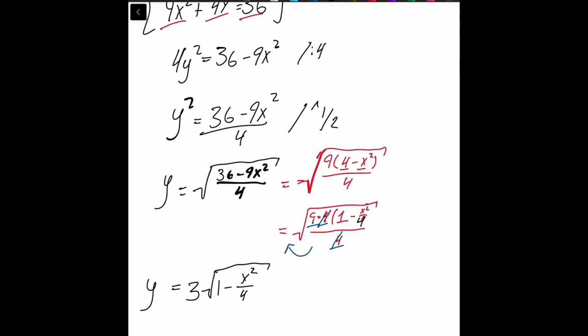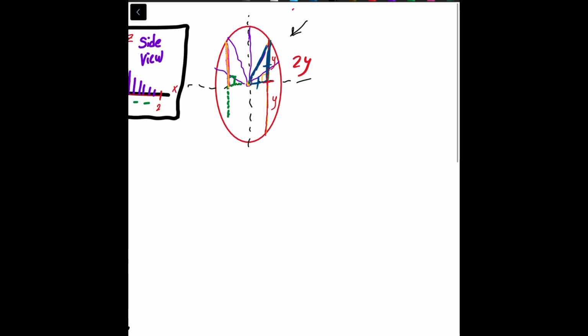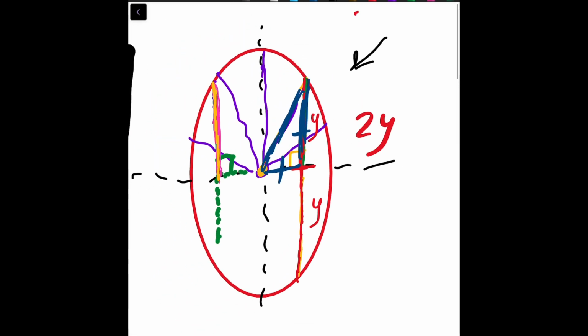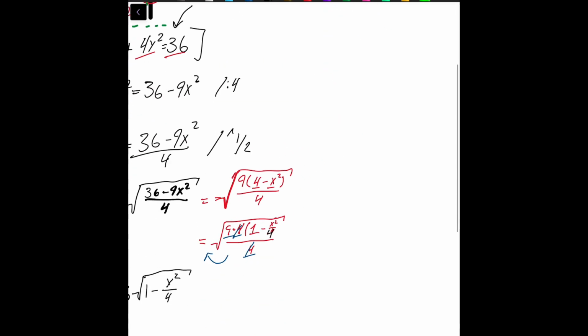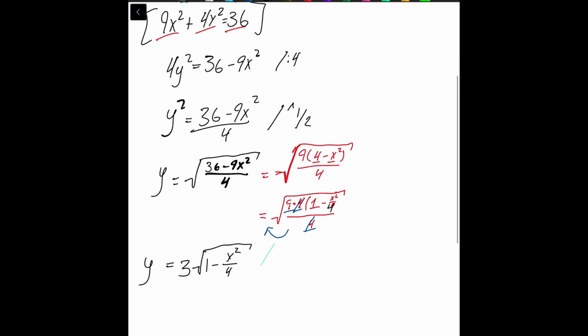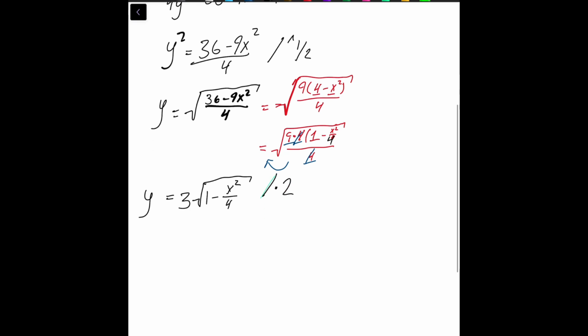Well, what is our y that we just solved for? What we just solved for is this length right here. But we need an additional y here. So I'm going to multiply it by 2, giving me 2y equals 6 times the square root of 1 minus x squared over 4.